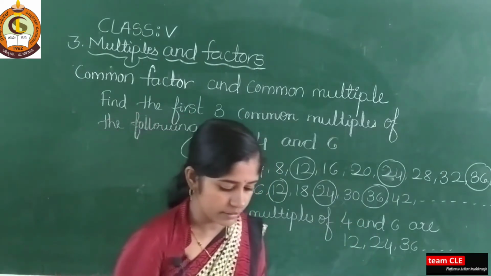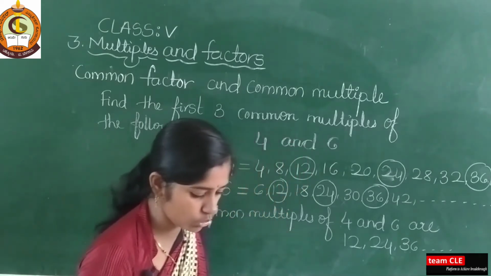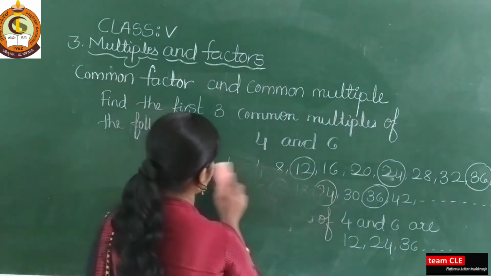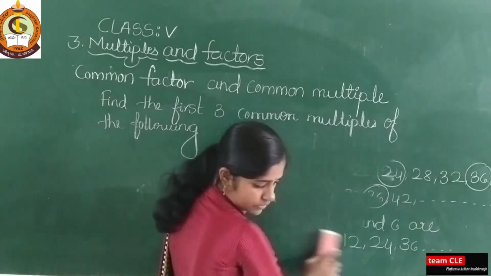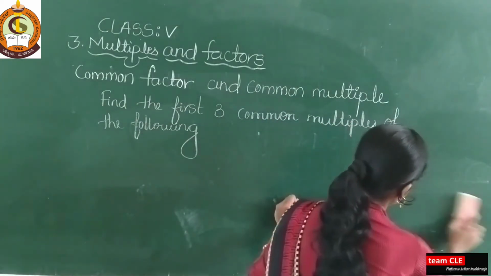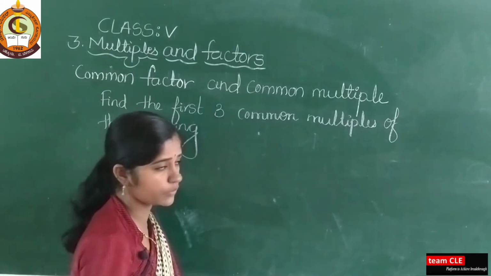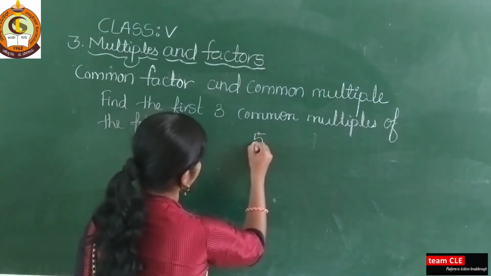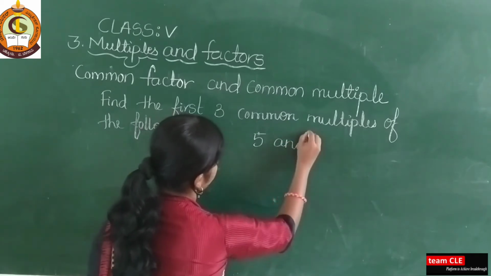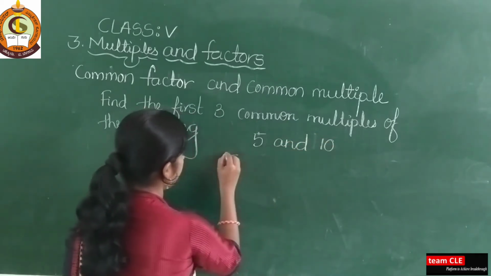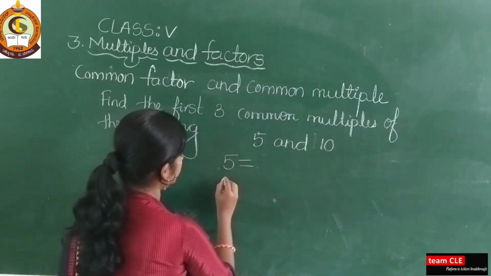Okay, clear? Next I will take one more example from your My Practice Time 2. I will take here 5 and 10. Then tell me what I need to do here.